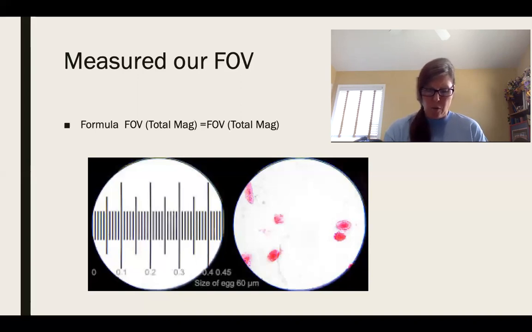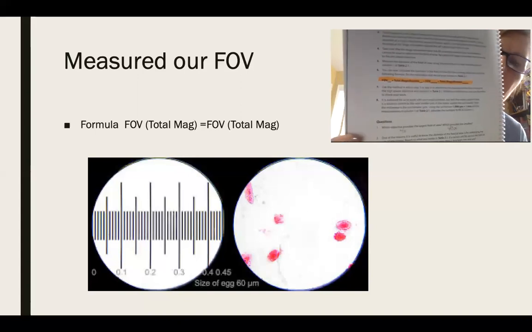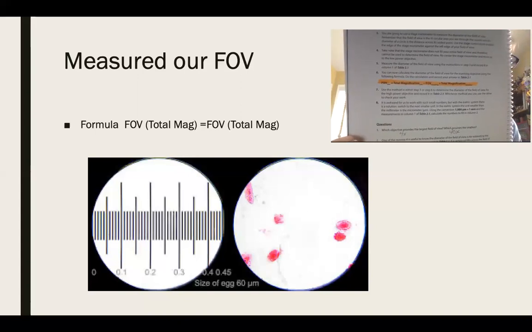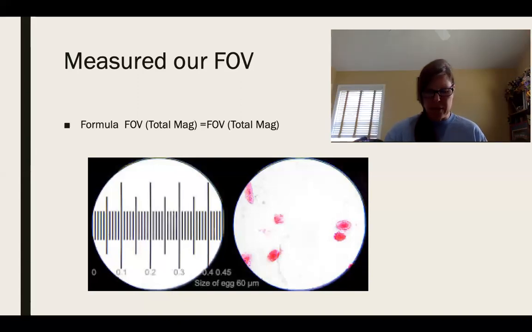Now, what we're going to do next is on page 18, there is a formula. I would highlight it. Okay, so that is the formula we are going to use. So I'm going to do it in 2 different colors.